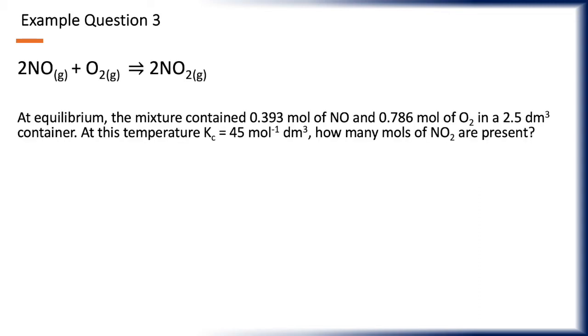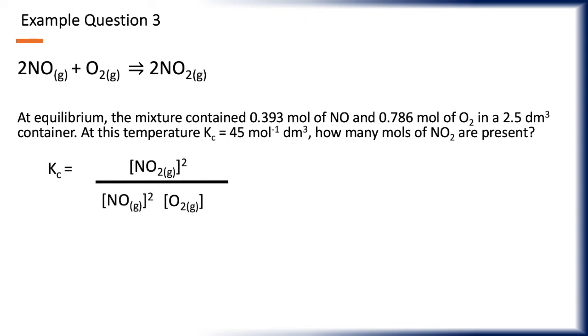Question 3. Again, we have a gaseous reaction, but we're going to use Kc. We've been told Kc in this case, and how many moles of NO and O2 were present at equilibrium, and we need to find how many moles of NO2 were present at equilibrium. So again, it's a very similar procedure. Let's write Kc out.